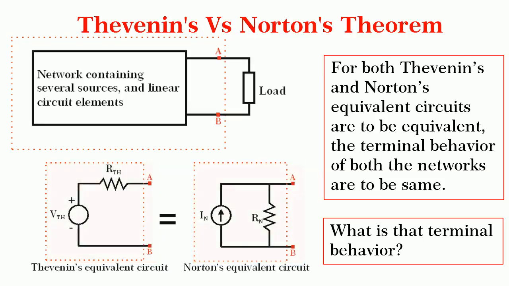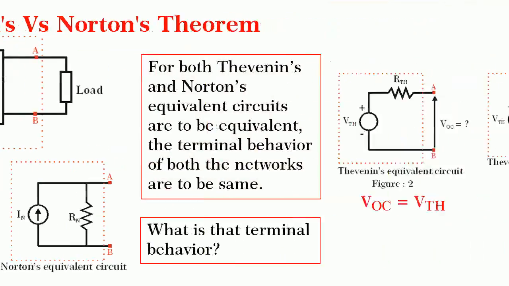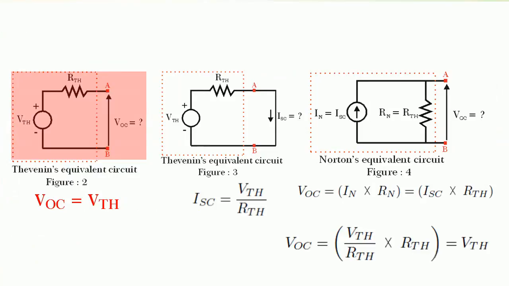Now, for the two circuits to be equivalent, what is the terminal behavior? The terminal behavior is the voltage appearing across the terminals A and B of both the networks. Now, if you consider Thevenin's equivalent circuit shown in figure 2, VOC is equal to V Thevenin because current through R Thevenin is 0 as A and B are open.